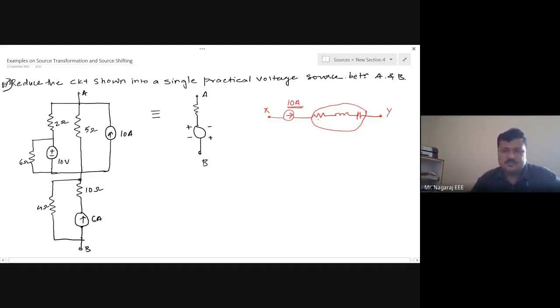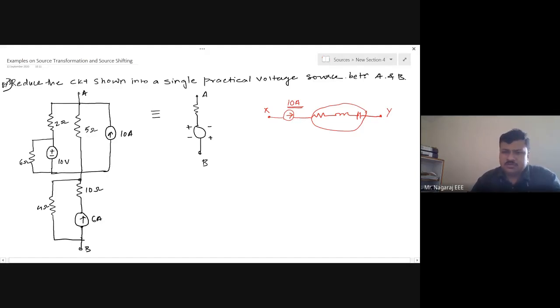Hence, the presence of series resistances to a current source has no effect, and I can simply ignore the resistance, inductance or capacitance in series with this source, for simplification and transformation of the circuit.